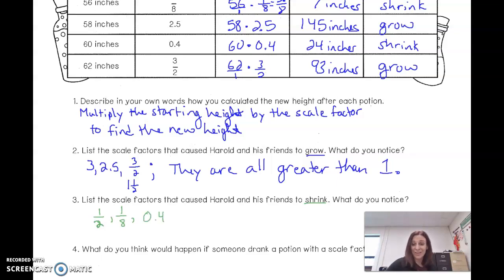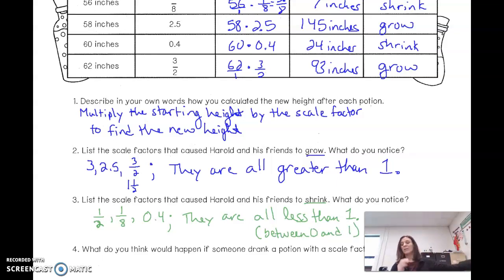It's not like they're all decimals or all fractions, but these are all numbers less than 1. Now I need to maybe put in parentheses here: between 0 and 1. Because I don't want us thinking negatives. That's a whole other issue, something different. So really when we say they're less than 1, they're between 0 and 1. Because if we multiply by 0, it disappears. That's the real wizardry, right?